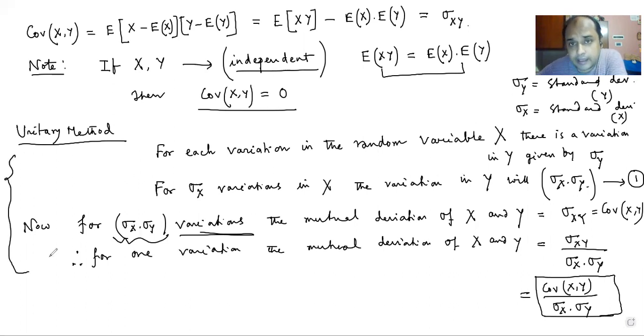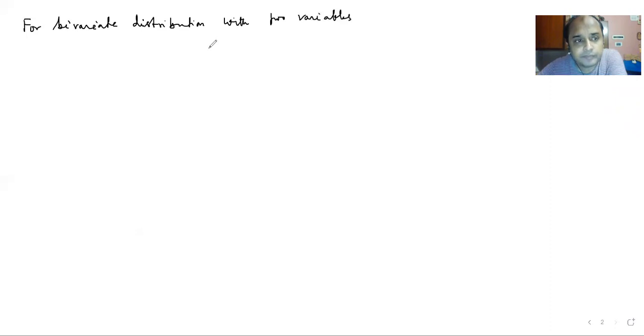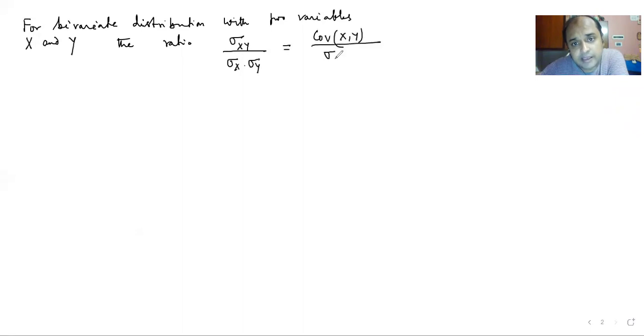That we have calculated, and the ratio is defined in the following manner. This ratio has a special name for a bivariate distribution with two variables X and Y. The ratio sigma XY by sigma X into sigma Y, or covariance XY divided by sigma X into sigma Y, is denoted by r of X comma Y, or in some books written as rXY.